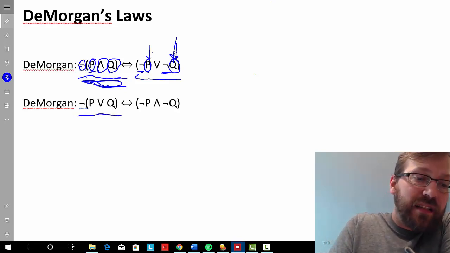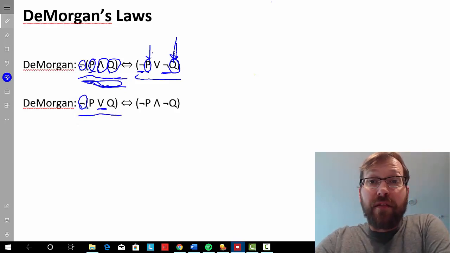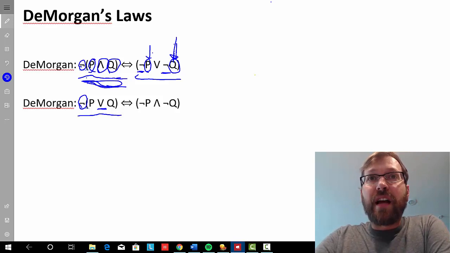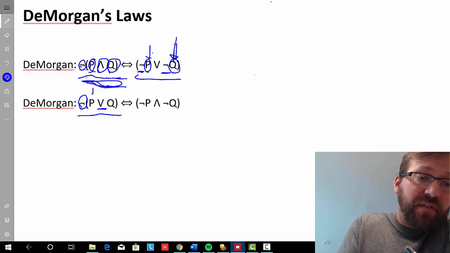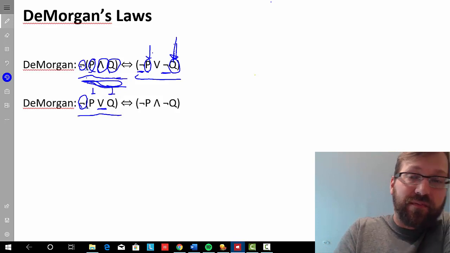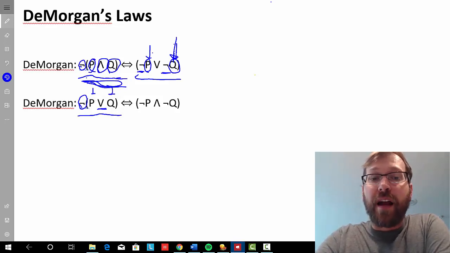This says not the case either. Not either of those. And when somebody says not either, what they're saying is both of these are false. Right? You're only right when both of those are false, when you say not either.